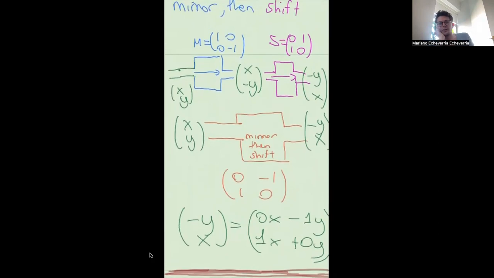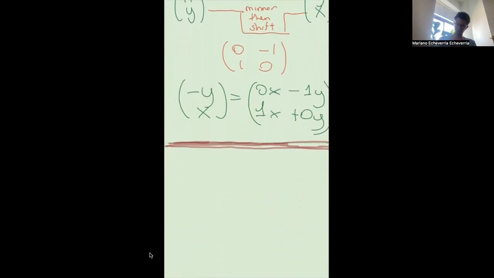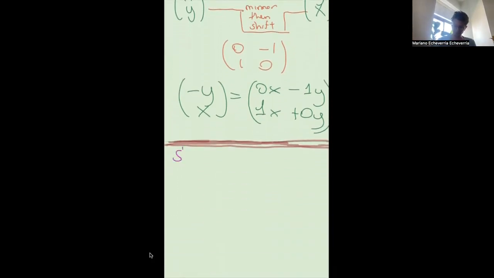Well, I think what you could think of is what happens if you shift and then mirror, right? So you could put them backwards, the opposite order. So it is something that we have to check what it gives us. The important thing is to realize that that's in principle a different process. It could end up coinciding with the ordinary one, but there's no reason why they have to necessarily be the same. That's what we have to find out.